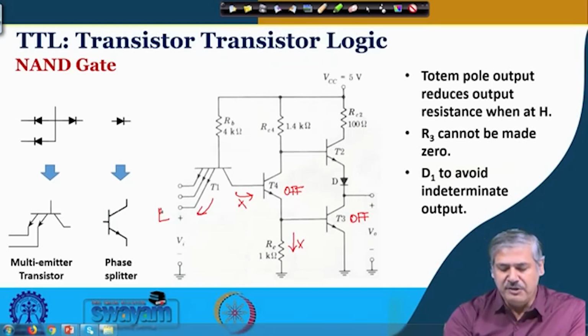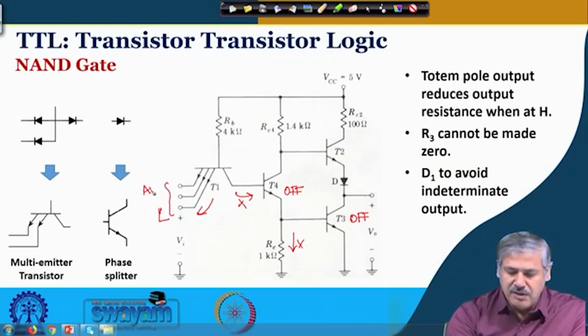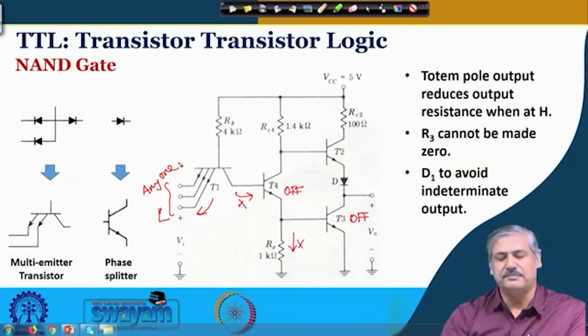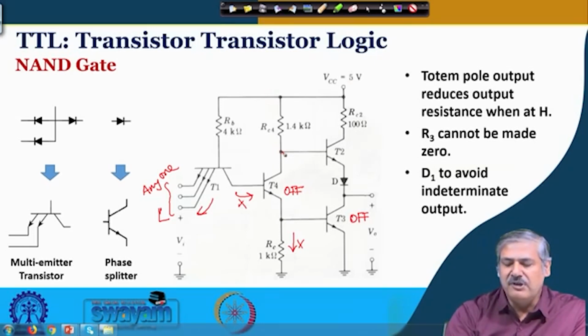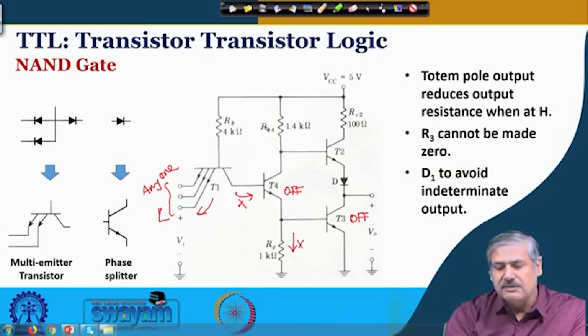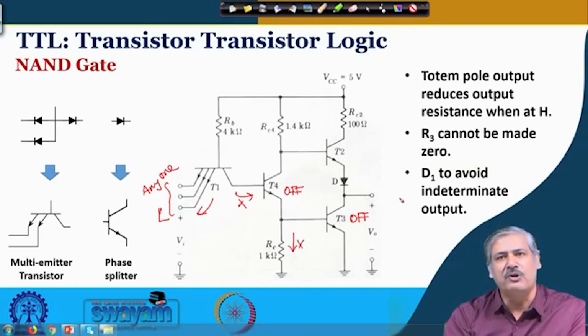When any one of them is low, this is off, this is off, and current is not going in this direction. What is happening to this voltage? This voltage will be VCC 5 volt minus whatever current is flowing through it as base current over here, considering some load is connected.